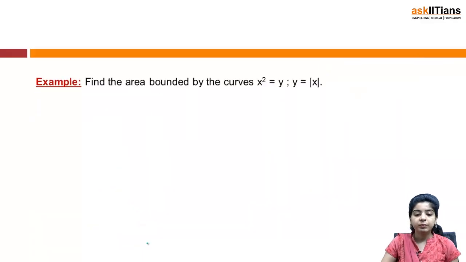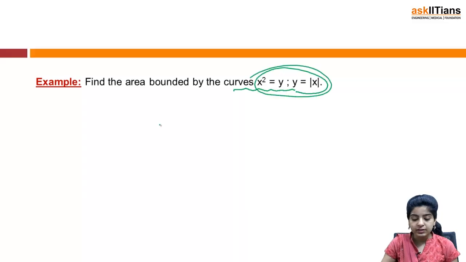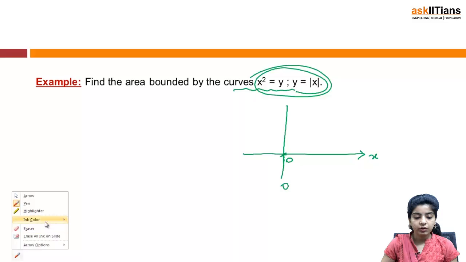Now, an example based on it: find the area bounded by the curves x square equal to y and y equal to mod x. Let me draw the figure first. This is my x-axis, and this is 0, the origin.